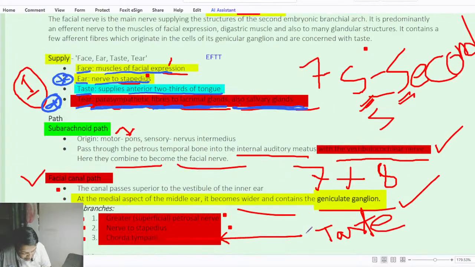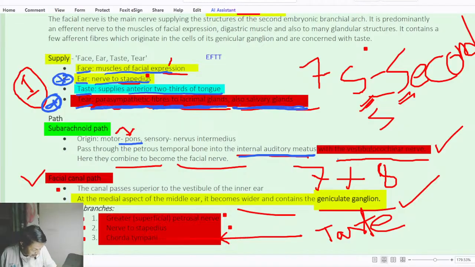In the subarachnoid path, it originates from the pons, passes through the petrous temporal bone into the internal acoustic meatus, along with the vestibulocochlear nerve. The 7 and 8 pass through the internal acoustic meatus.